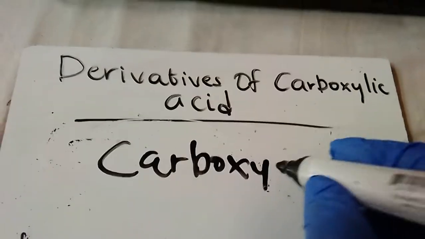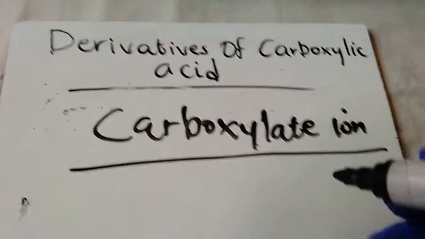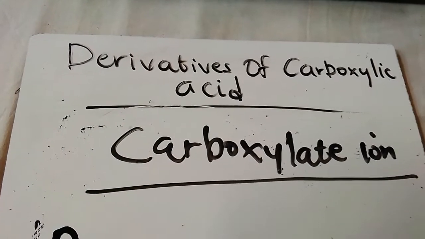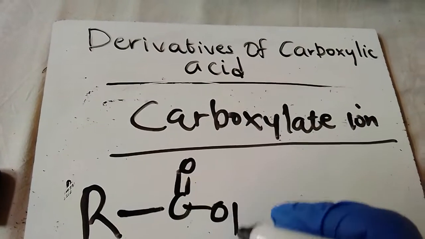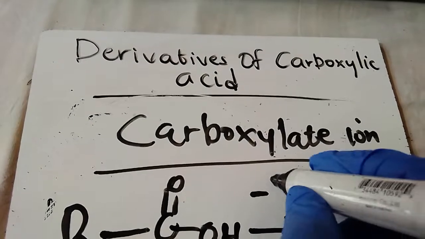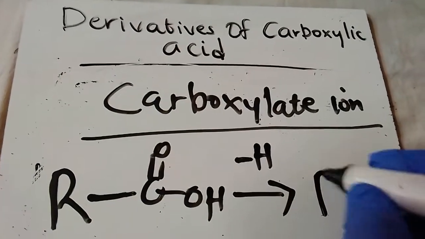Finally, we have a carboxylate ion. If a carboxylic acid loses one proton, the resulting ion is what we call the carboxylate ion.